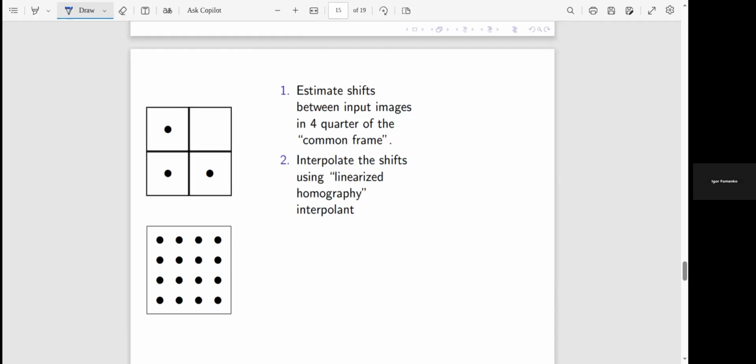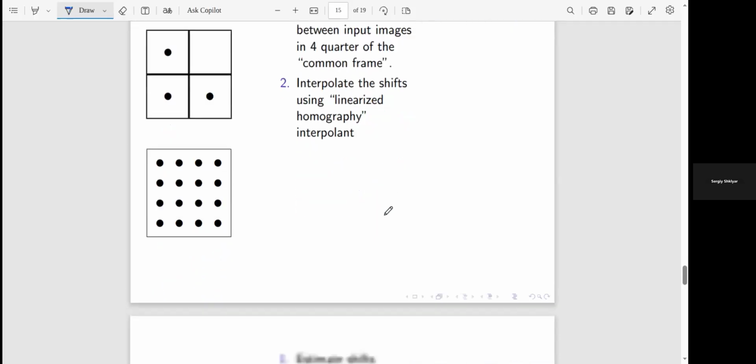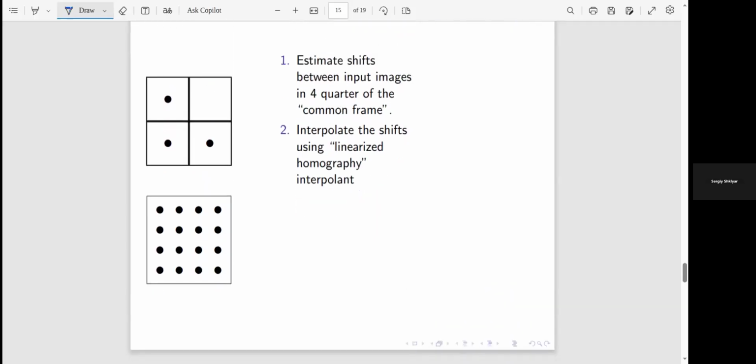What is linearized homography? Can you give an idea? Yes. A homography transform is a transform of the space which maps lines into lines and which maps conic sections into conic sections.